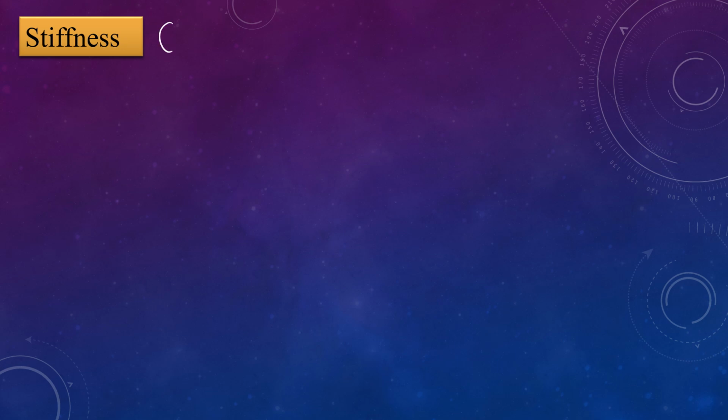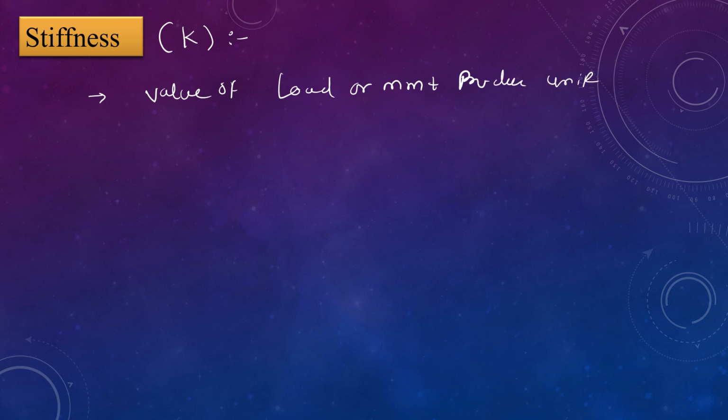Stiffness is represented by K. Stiffness is the value of load or moment that produces unit deflection or unit rotation.